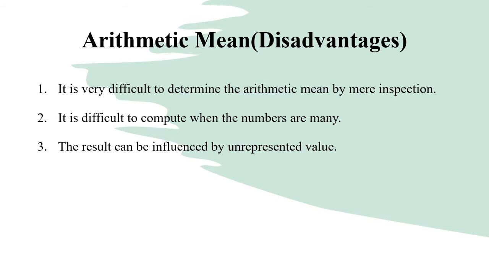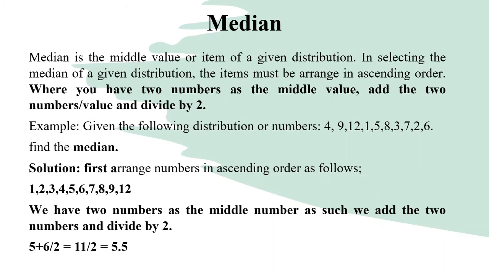Another measure of central tendency is the median. The median is the middle value or item of a given distribution. But before determining the middle value of a given distribution, you must always arrange the distribution of values in ascending order, that is, from the smallest to the biggest, or in descending order from the biggest to the smallest.